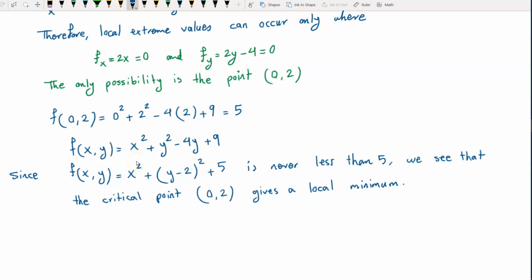Based on what was given, f of x, y equals x squared plus y squared minus 4y plus 9, which is equal to x squared plus y minus 2 squared plus 5. This is never less than 5. So we see that the critical point 0, 2 gives a local minimum.